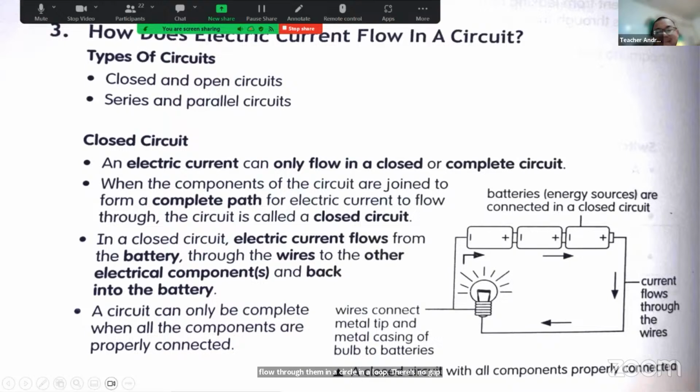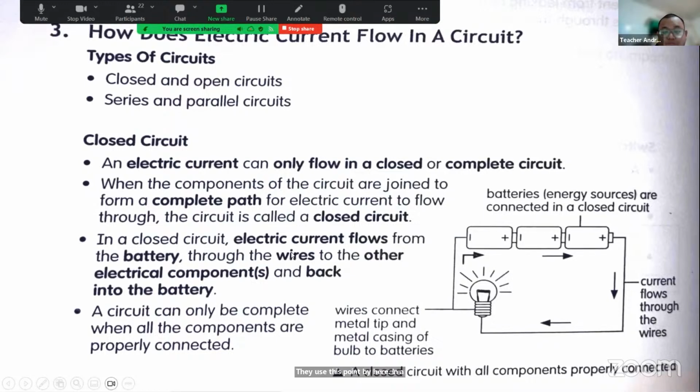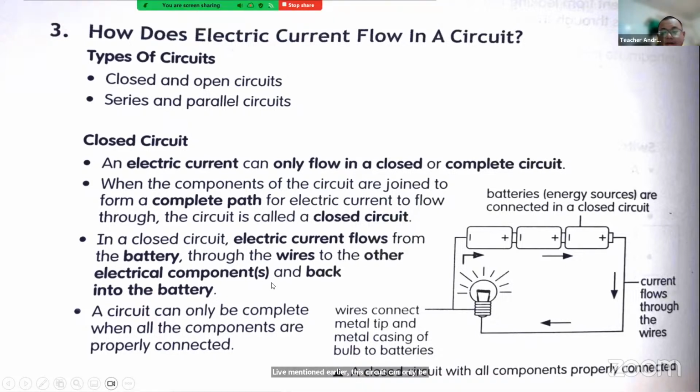So by definition, how do we explain a closed circuit? We use this pointer here. In a closed circuit, electric current flows from the battery through the wires to other electrical components and back into the battery. This is called a closed circuit. Like I mentioned earlier, this circuit can only be complete when all components are properly connected.